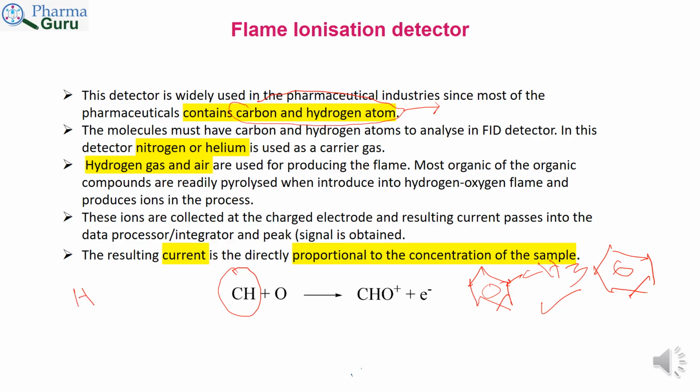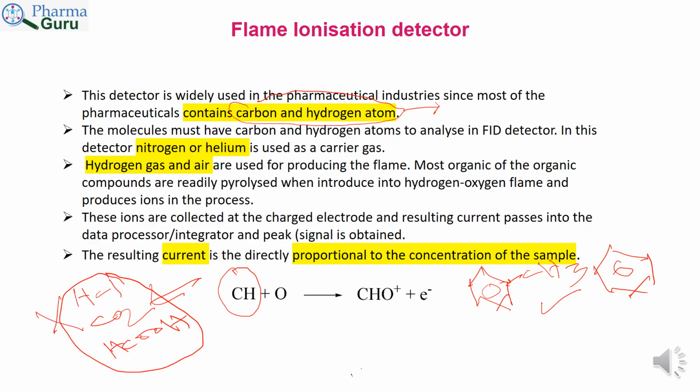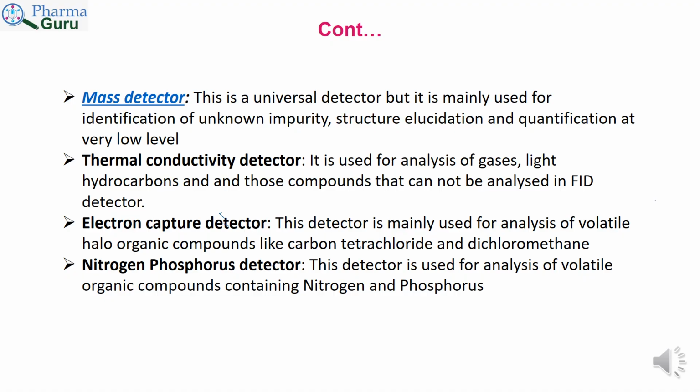For example, HCl, CO2, formic acid, these compounds having not any oxidizable carbon atom, and therefore these compounds cannot be analyzed in GC using FID detector. Mass detector is used for structure elucidation and for quantification at very low level like quantification of genotoxic impurity. It is costly detector.